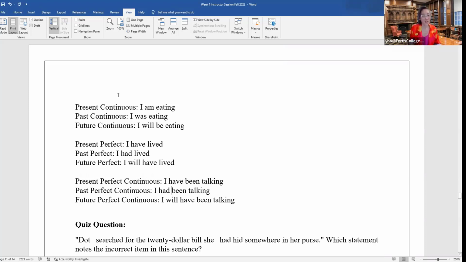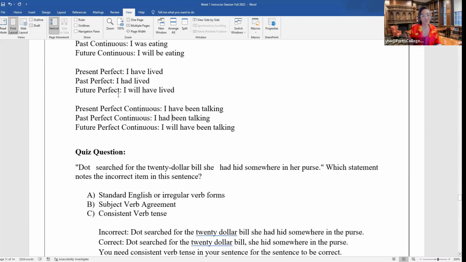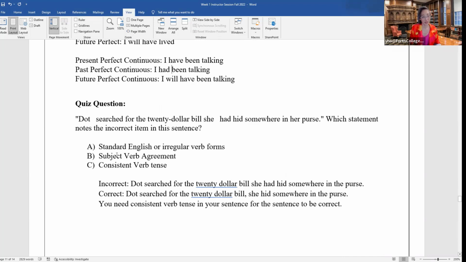Okay, so let's see how this relates to your quiz. So quiz question. Dot searched for the $20 bill she had hid somewhere in her purse. Which statement notes the incorrect item in this sentence? So is this a standard English irregular verb form mistake? Is this a subject-verb agreement mistake?